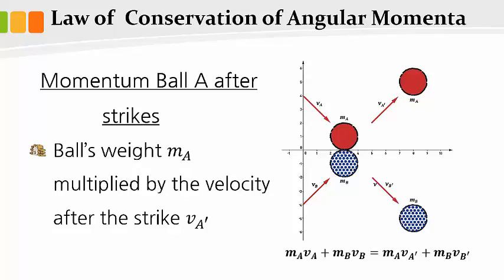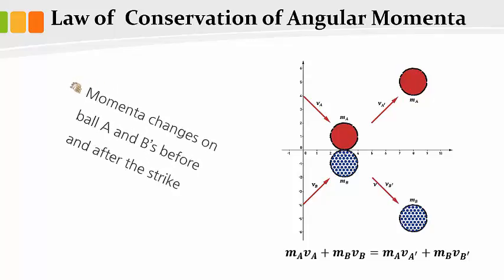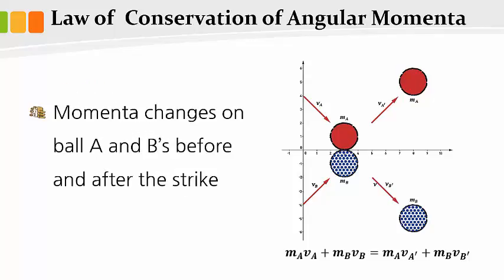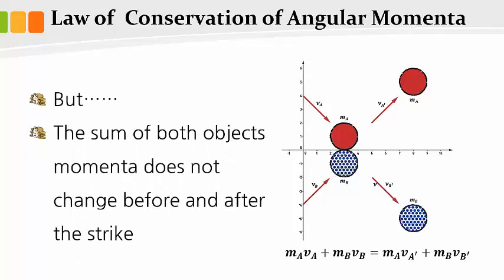The momentum of ball B can be found in the same way. Momentum changes on balls A and B before and after the strike. But the sum of both objects' momenta does not change before and after the strike.